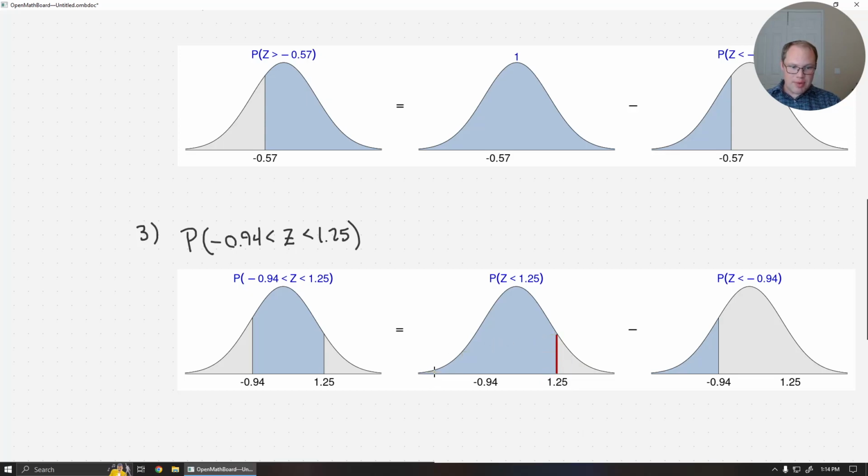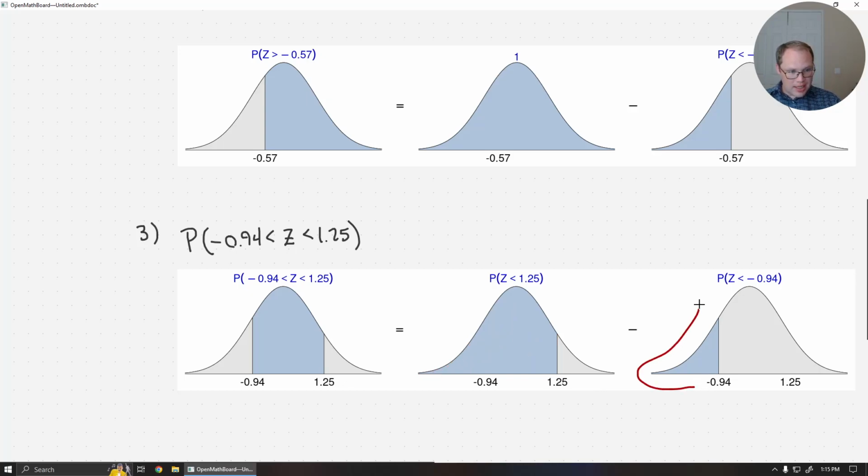Now that's too much. We did want the bit that's in between negative 0.94 and 1.25. We did want this bit right here, but we don't want this bit over here. So just like before, we're going to subtract out the bit that we don't want. We don't want what's left of negative 0.94. And so that's what we subtract out here.